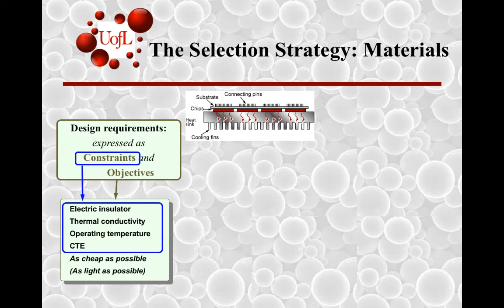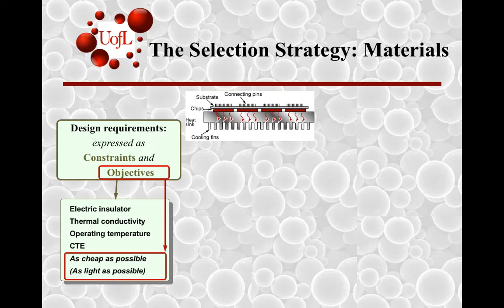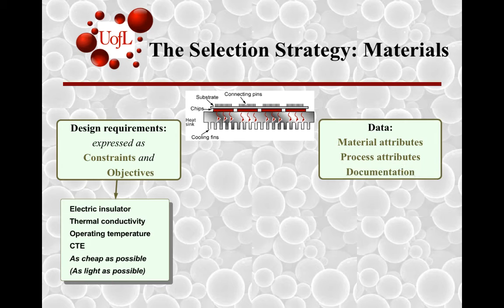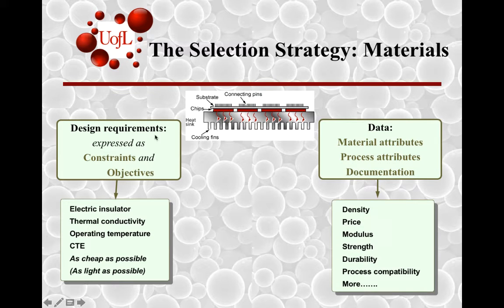Having selected some alternatives, then we can go through a design objective of making something as cheap as possible or as light as possible. In order to go through this, we need to have data. What are the different attributes of materials? Which of them are relevant to this particular design situation? Then you need data on how to convert that material to a shape that is desired.